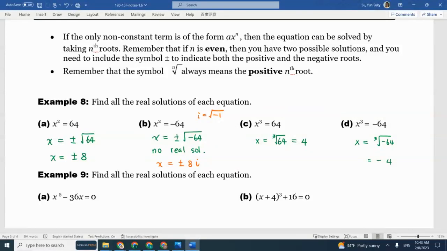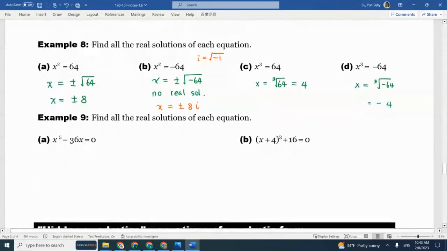All right, and then look at the following. Example 9. Find all real solutions of each equation. Okay, so our goal is to factor. Okay, our goal is to factor.